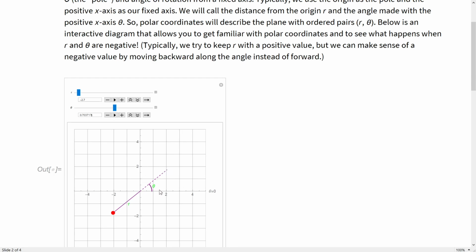The angle here is telling us, go up to almost pi over 4 here. But since r is negative, instead of going in the normal direction, we go backwards. That's all negative r means: find your angle theta and then move backwards.